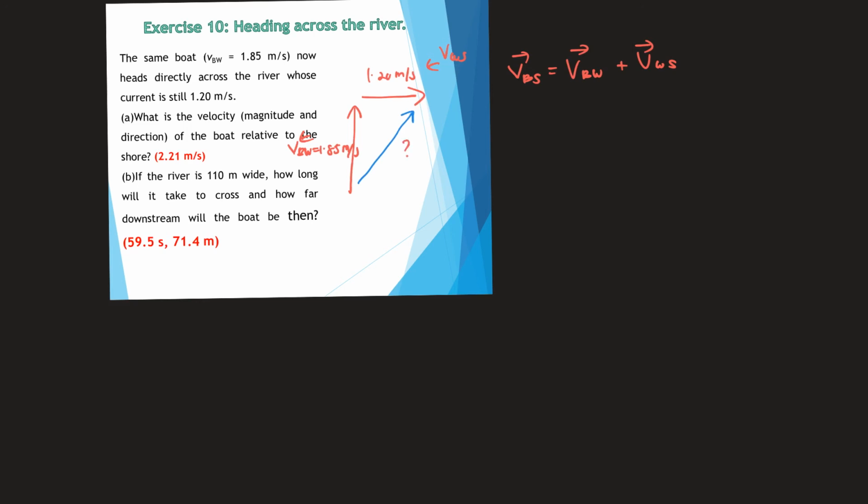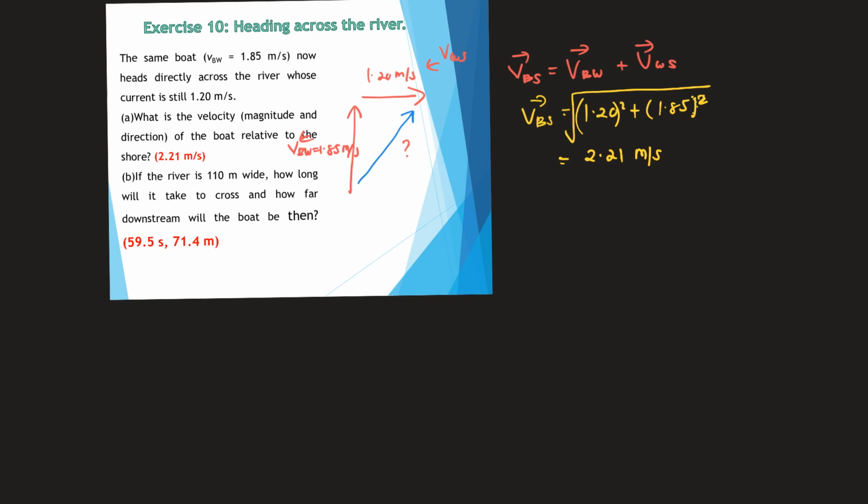So you use 1.20 squared plus 1.85 squared, and you square root everything. So you are going to get the answer 2.21 meter per second. Okay, let's move to the next question.